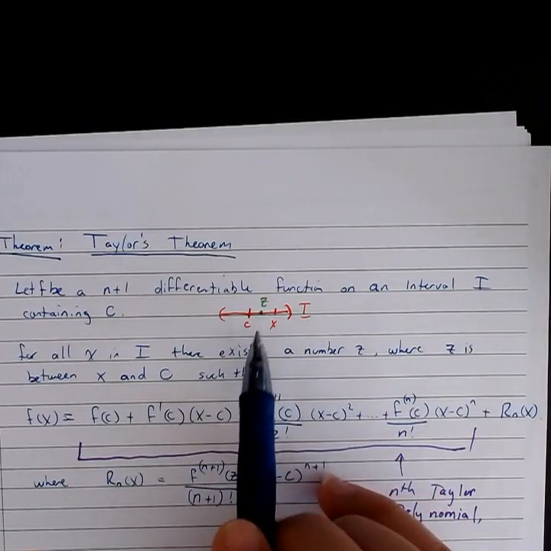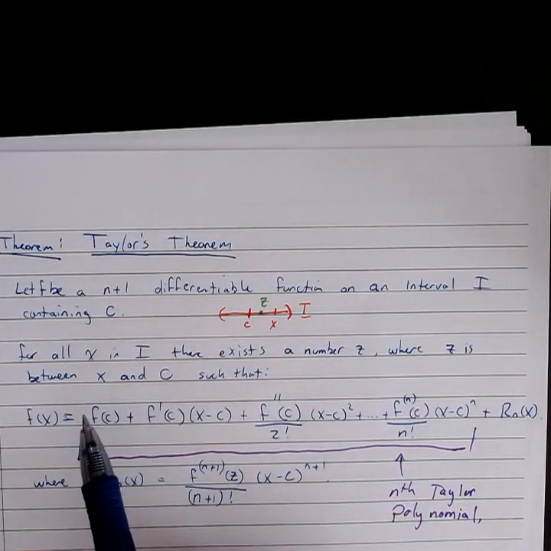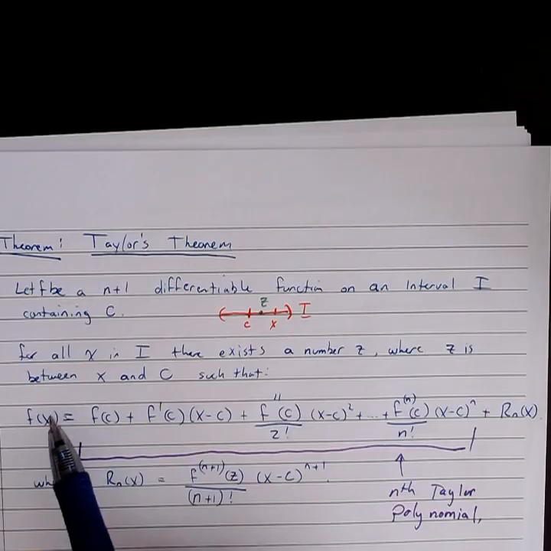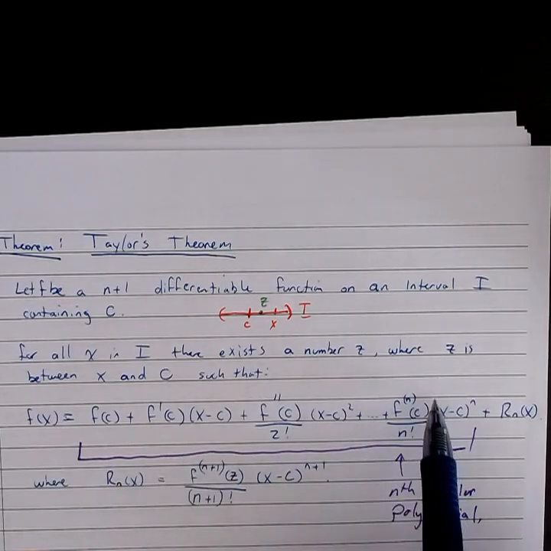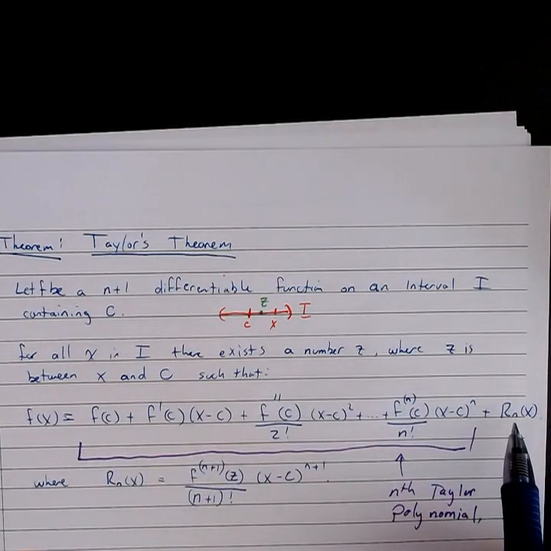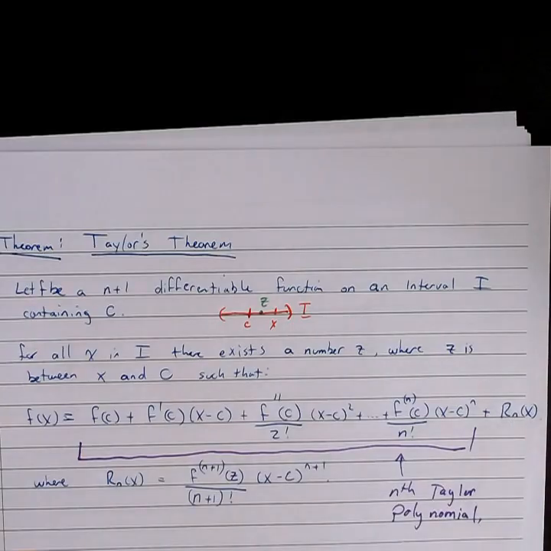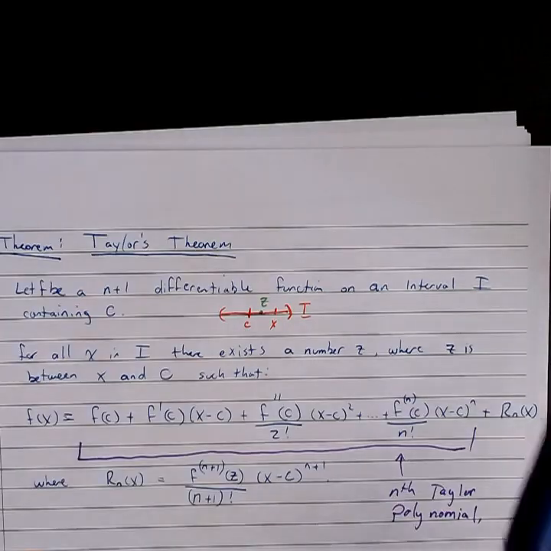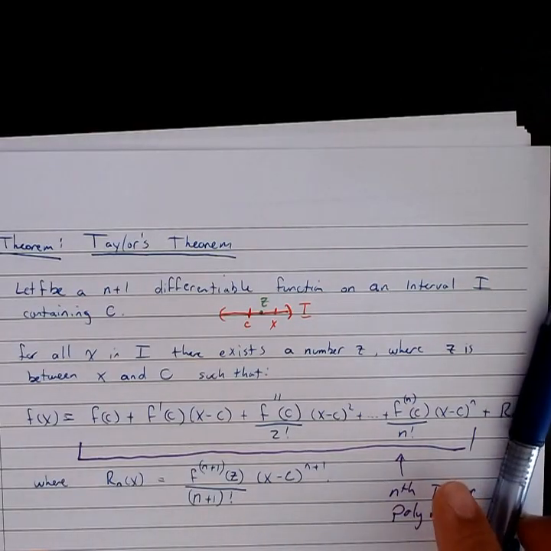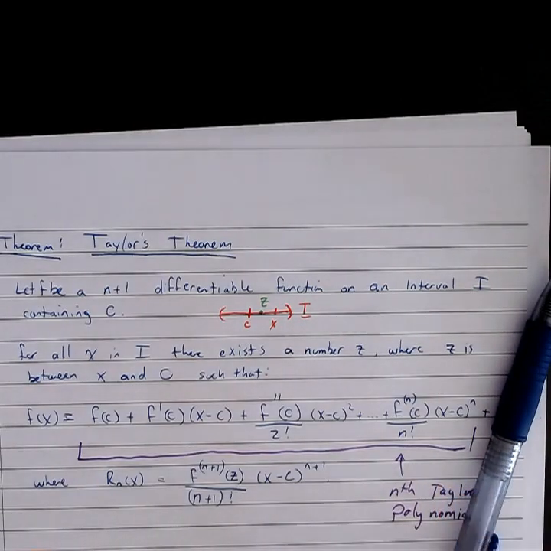What does that number do? Well, that number is such that the function is now exactly equal to its Taylor polynomial plus that little extra bit. Wait, say that again? Well, normally this and this are just an approximation. If I cover up that last term there, this should not equal this.